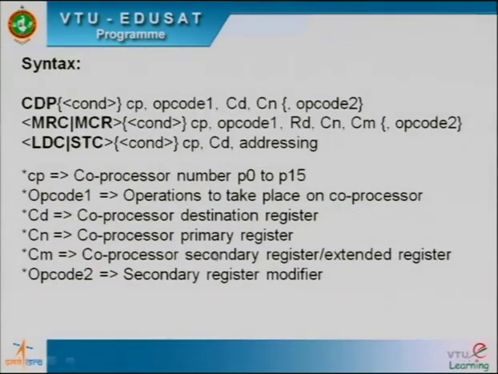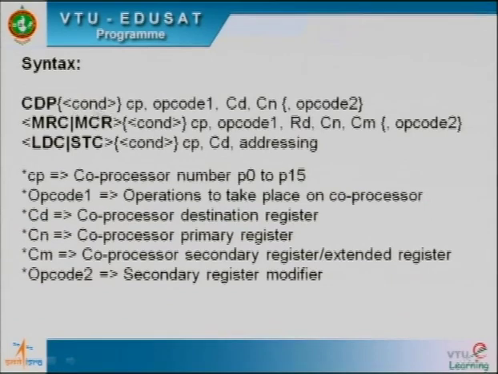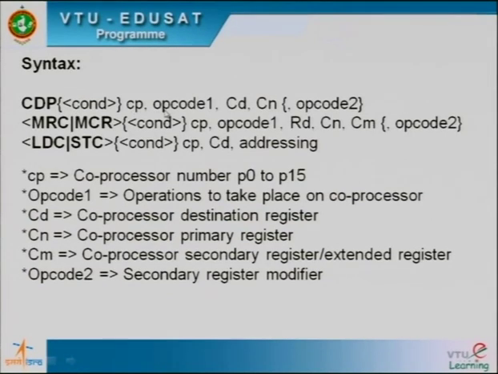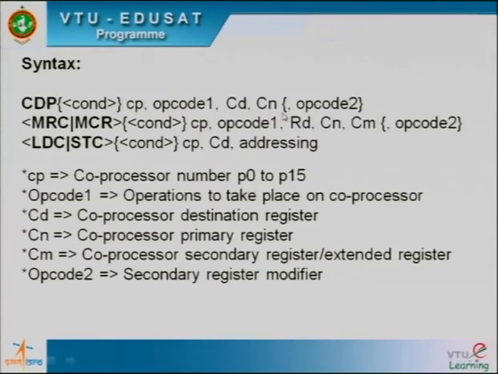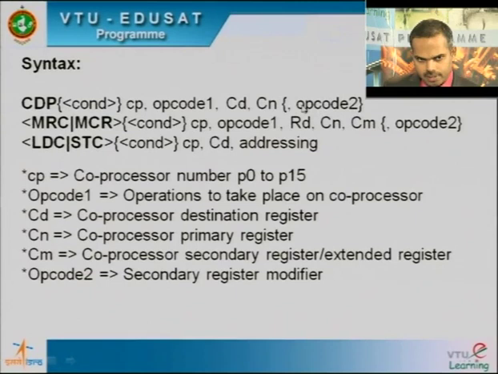Now let's take a look at the syntax of these instructions. CDP, condition, CP, opcode 1, CD, CN, CM, and in curly brackets opcode 2. That means opcode 2 is an optional one.